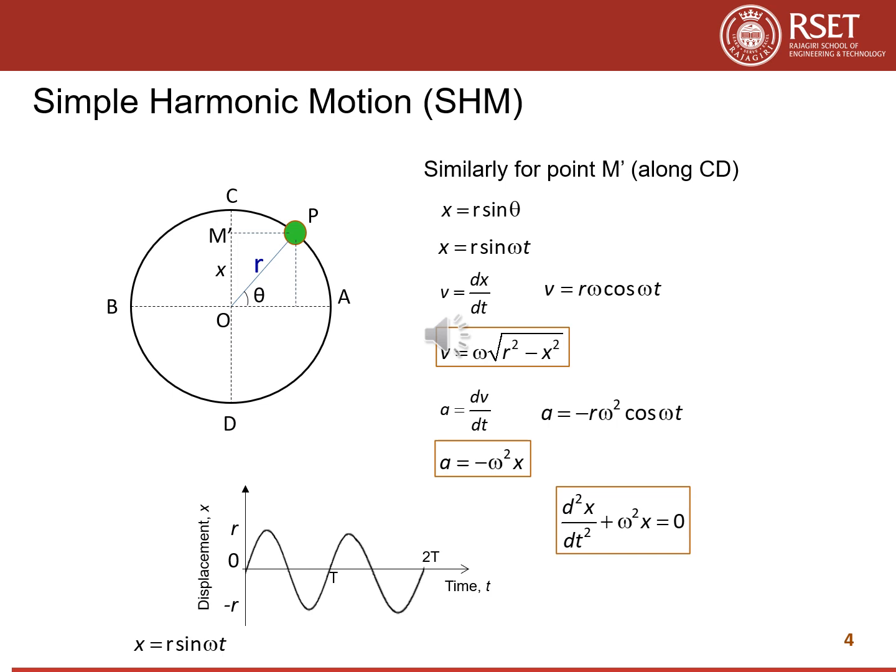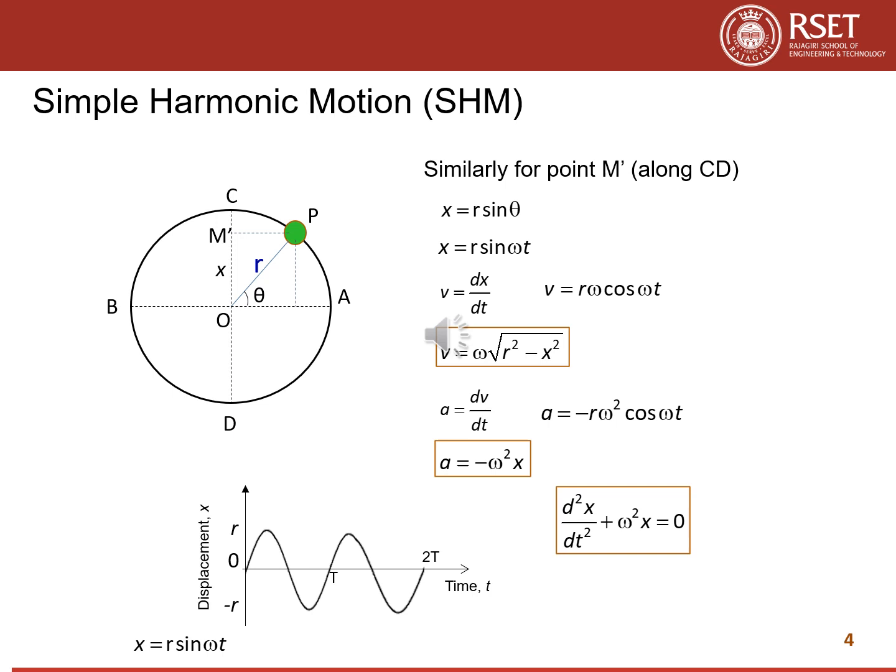Now let m dash be the projection of particle on the vertical diameter CD. Now if you are considering displacement of m dash from the mean position, we can write from the figure x is equal to r sine theta, or instead of theta writing it as omega t, x is equal to r sine omega t. Similarly, as we have done for m, we are doing for m dash.